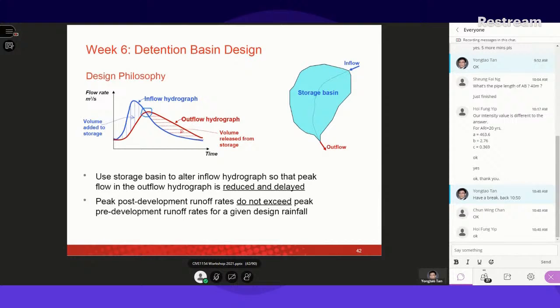that means the natural catchment runoff rate. Normally, the natural or the pre-development runoff rate is very low because what?